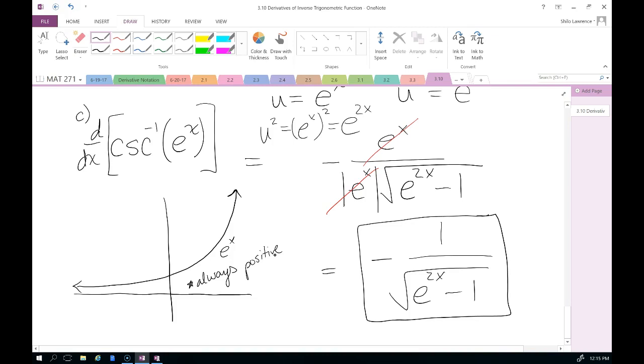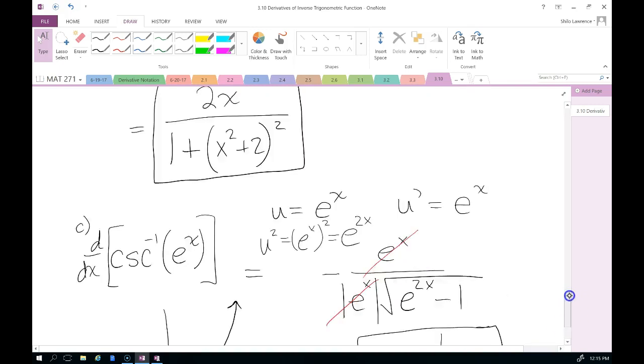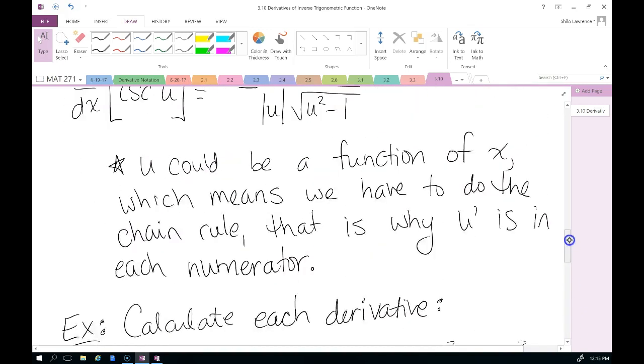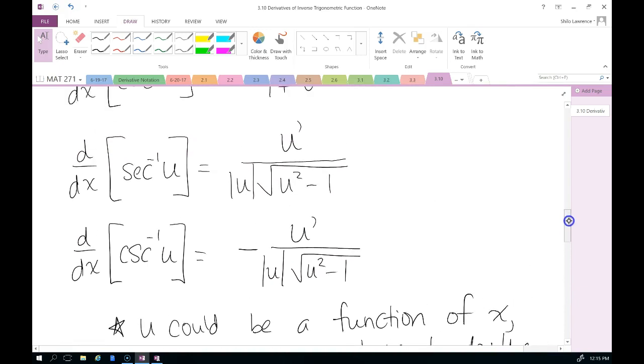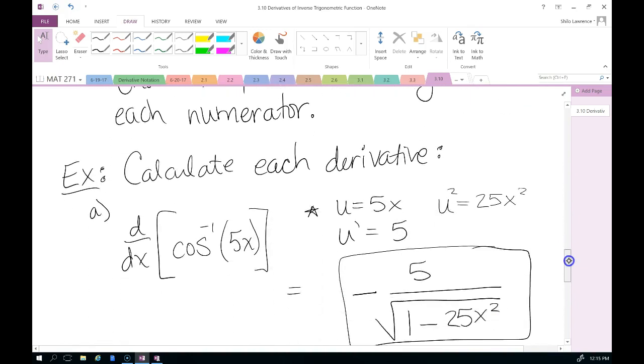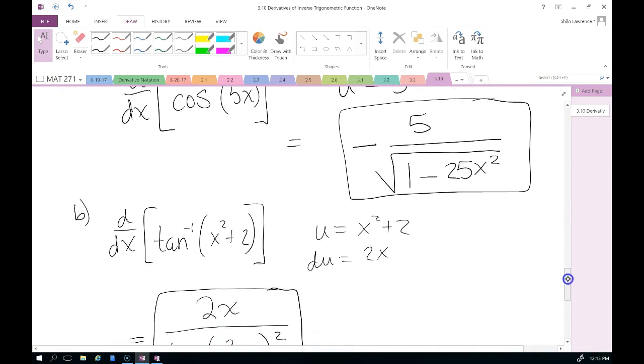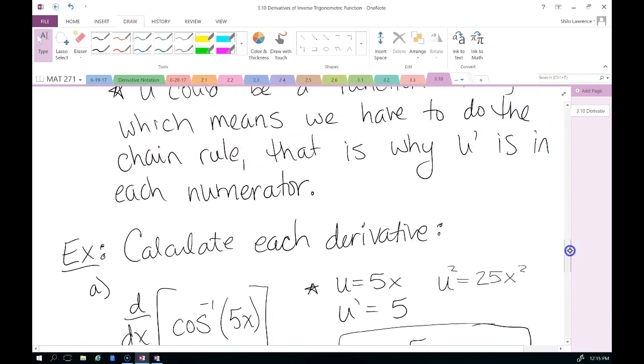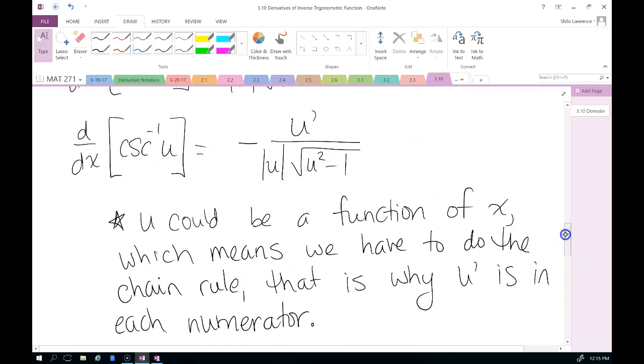So I just want you to be aware that these formulas exist. You do not need to memorize them, and you do not need to be able to derive them. We will work with them a lot more in Calculus 2. Just practice with them for now.